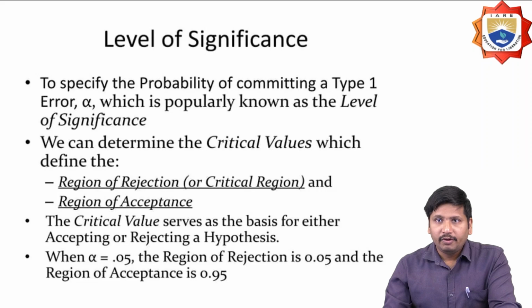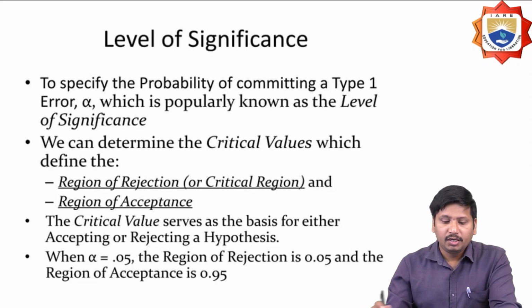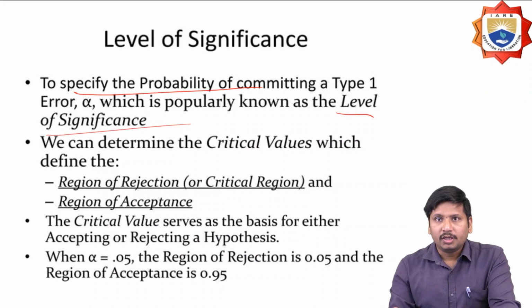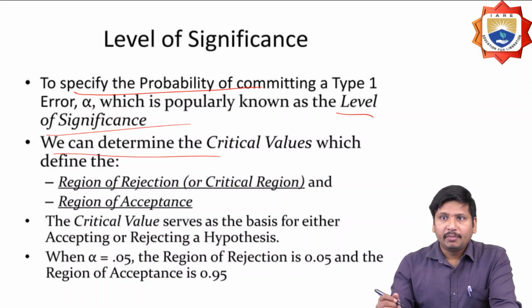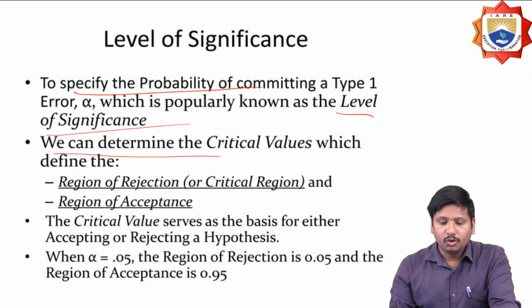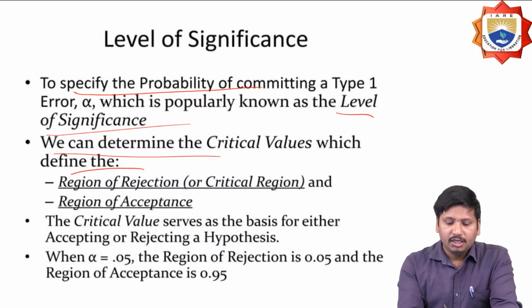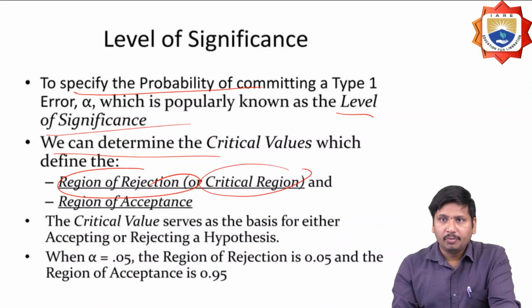So what is the level of significance here? The probability of committing a type 1 error, that means alpha, is properly known as the level of significance. We can determine the critical values, which define the region of rejection or critical region, and the region of acceptance.